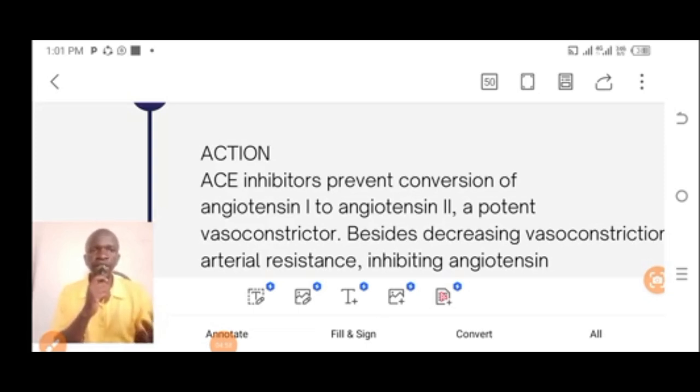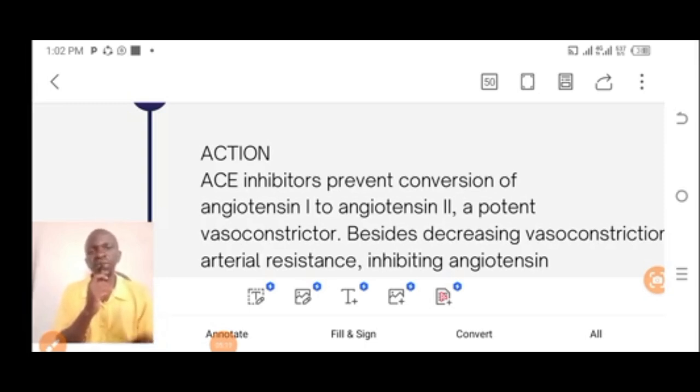In some people with high blood pressure, it is caused by this potent vasoconstrictor, angiotensin 2. This happens under the renin angiotensin aldosterone system, whereby angiotensin 1 is converted to angiotensin 2, the potent vasoconstrictor.